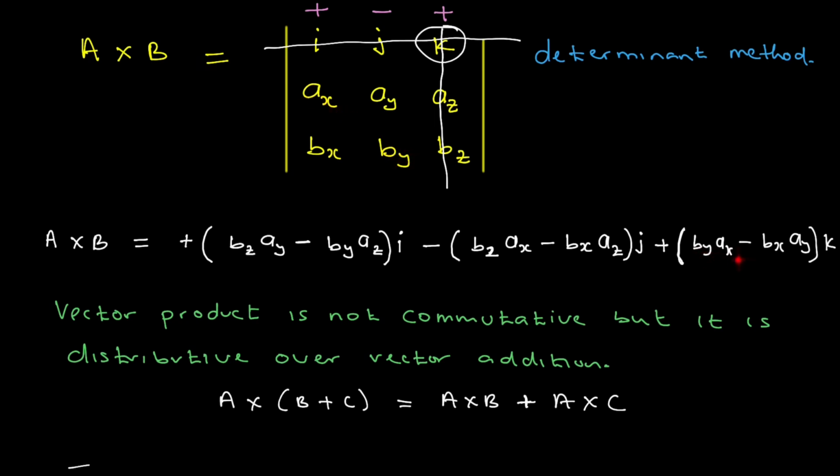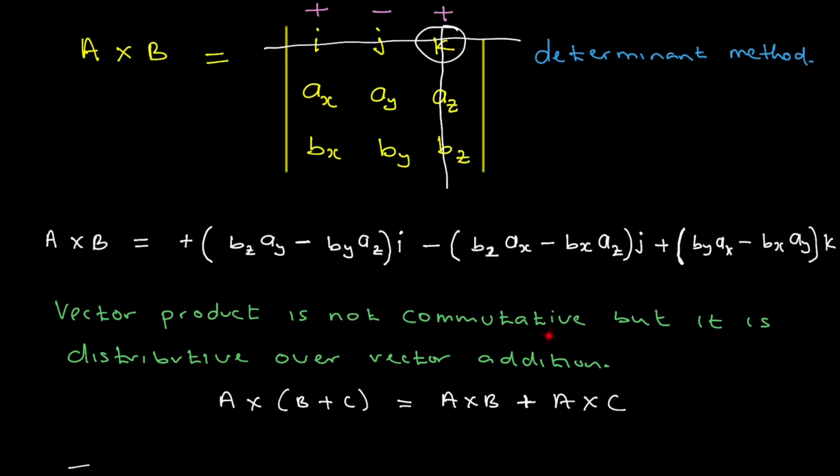So that's BY times AX minus, it's always minus, because you've got a 2 by 2 matrix here. So you do minus BX times AY, and that's for k. So this is what we now call the vector product.